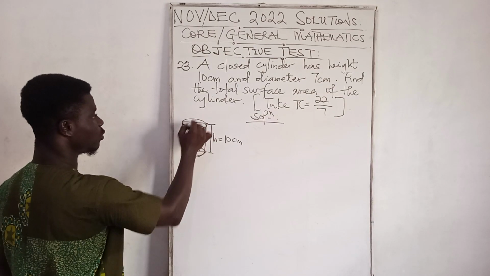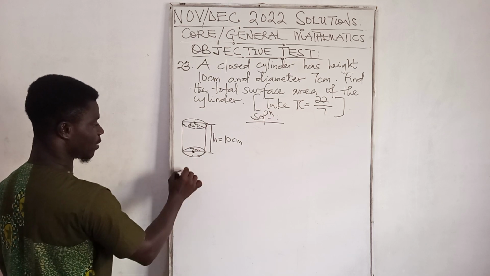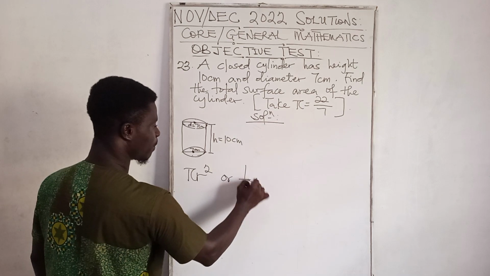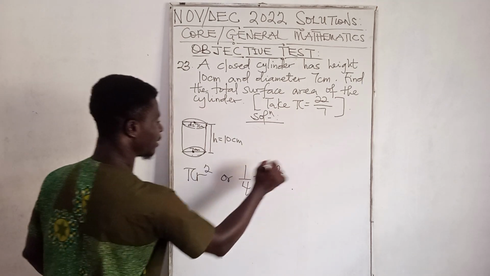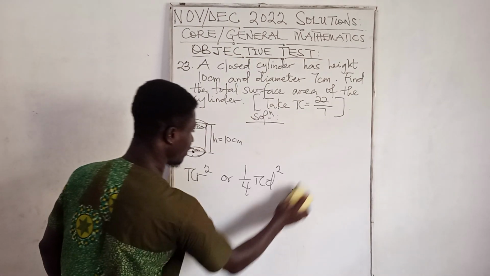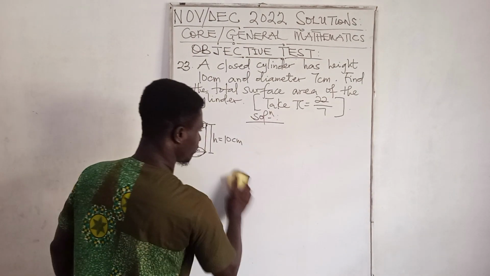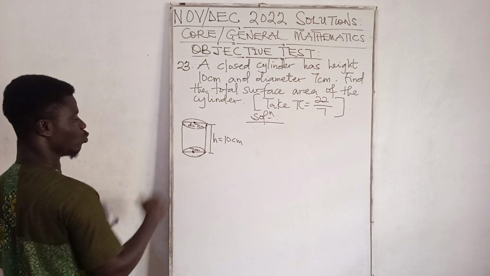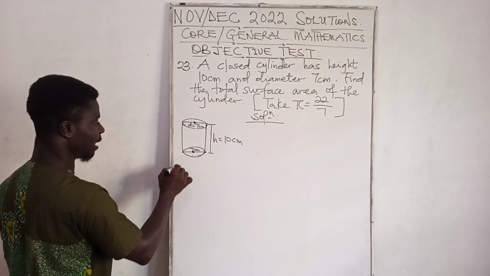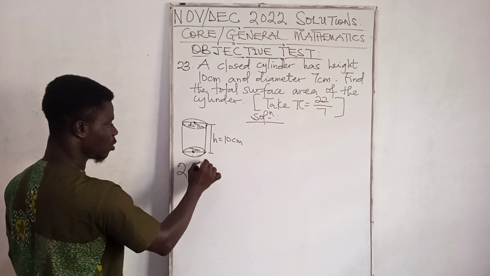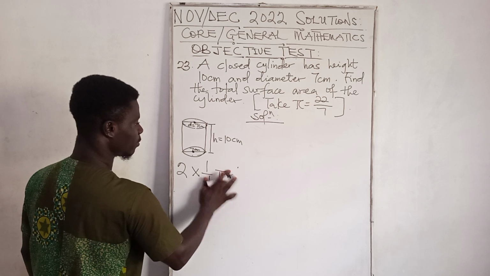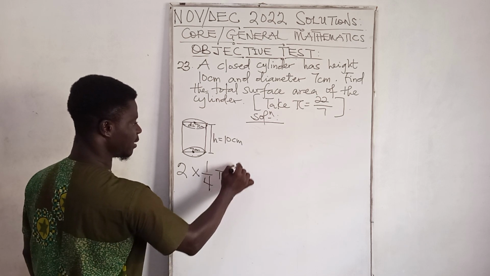The area of a circle is pi r squared, or you can use 1/4 pi d squared. We have two areas here, so 2 times 1/4 pi d squared.